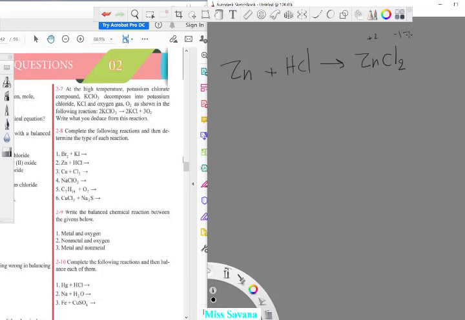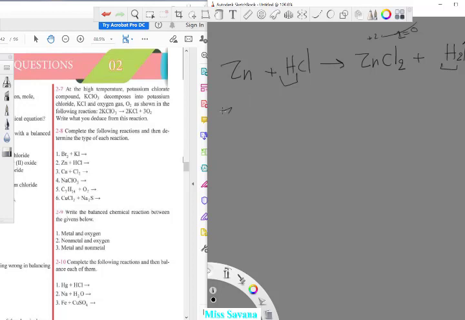Okay, so when this is 2, this is equal to 0, and I'm happy. Now it will also have the H. Remember, the H is released as hydrogen gas. It's a diatomic molecule. Okay, so remember that. So now I have a problem with my balancing.